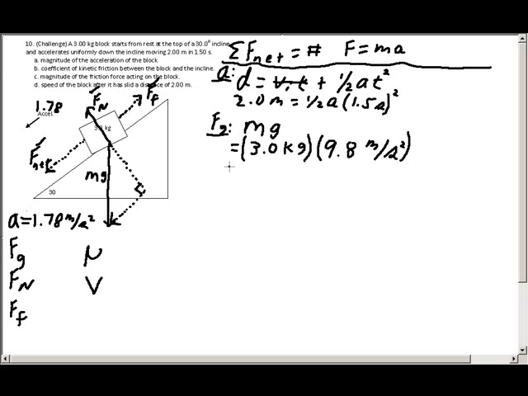And so when you punch that out, you get the force due to gravity as equal to 29.4 meters per second squared. Now, what's the normal force going to be here?